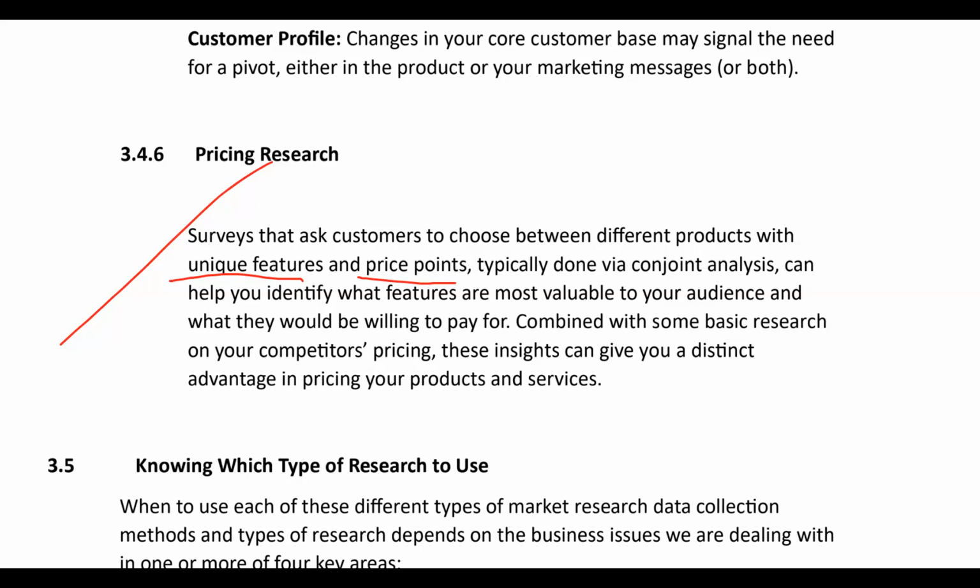The way you price has much to do with how people will perceive the quality of the product that you have to offer.